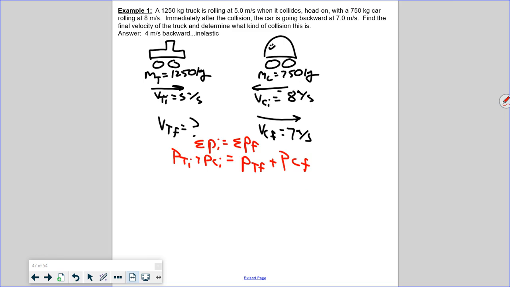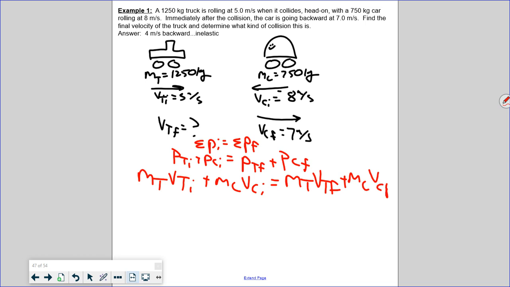That means that the mass of the truck times the velocity of the truck initial plus the mass of the car times the velocity of the car initial equals the mass of the truck times the velocity of the truck final plus the mass of the car times the velocity of the car final, right? And plug in your numbers. I'm going to be sloppy about my units in the interest of time.